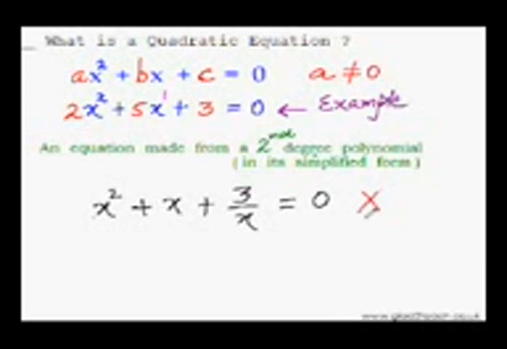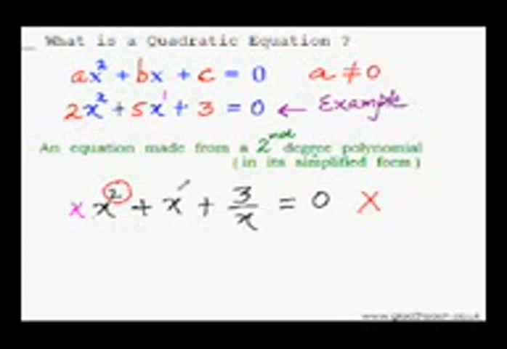This one is not a quadratic equation, though it deceptively looks as if it is because of the second degree. But if you read the fine print in its simplified form, let's simplify this equation further by getting rid of this denominator x, and you know how it's done. Multiply both sides of this equation by x.